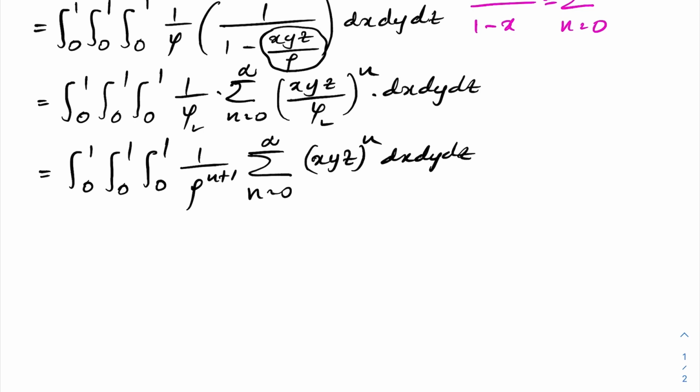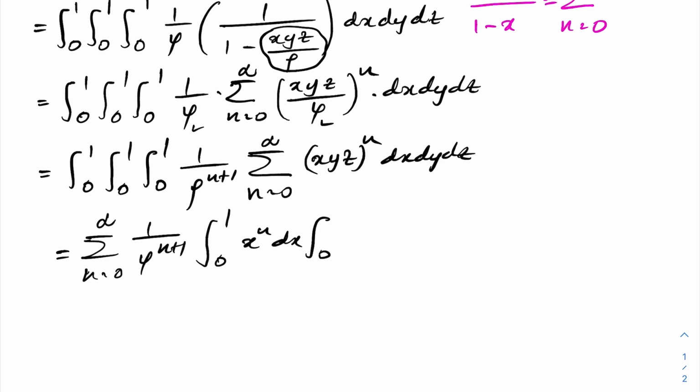Then we can switch the sigma notation and integral sign, so we can write the sum of n equal 0 to infinity 1 over phi raised to the n plus 1, integral from 0 to 1 of x to the n dx, integral from 0 to 1 of y to the n dy, integral from 0 to 1 of z to the n dz.